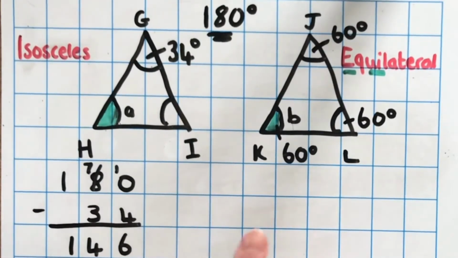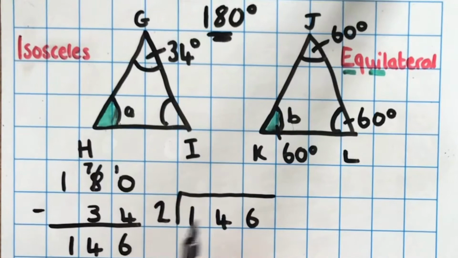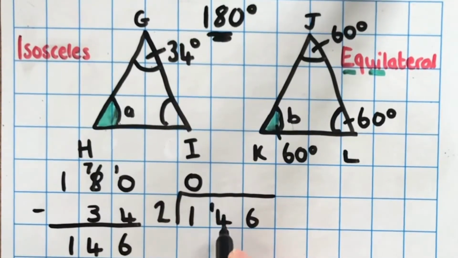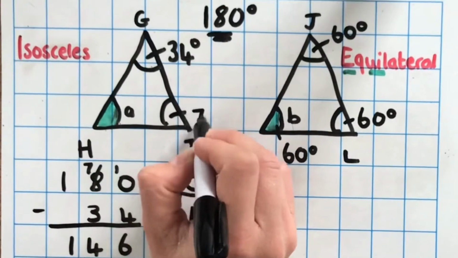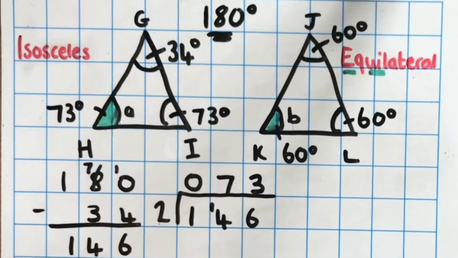So to work out what they actually are, we're going to divide 146 by 2. 1 divided by 2 is 0, carry over that 1. 14 divided by 2 is 7. 6 divided by 2 is 3. So this angle is 73 degrees and that angle is also 73 degrees.